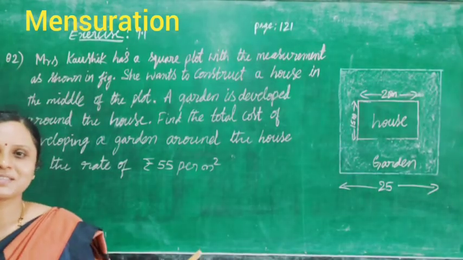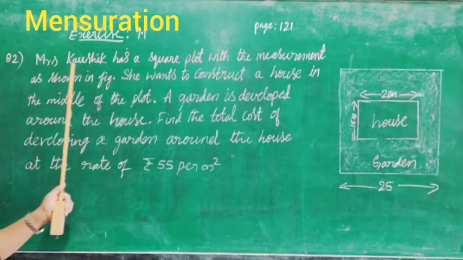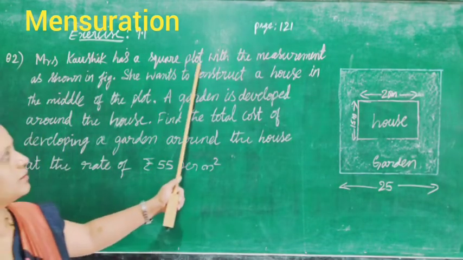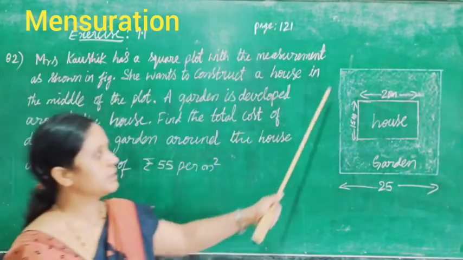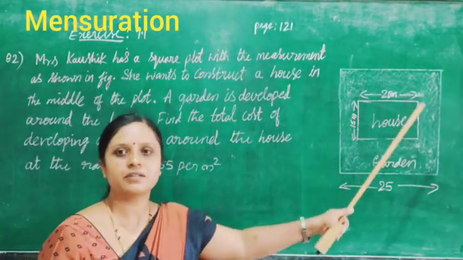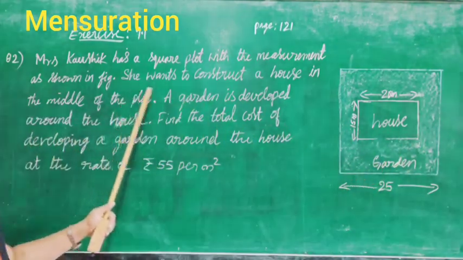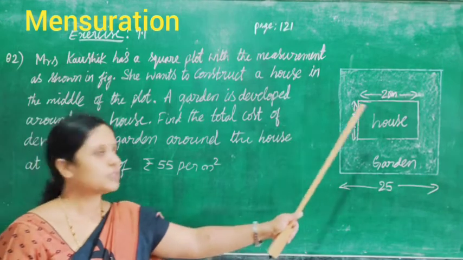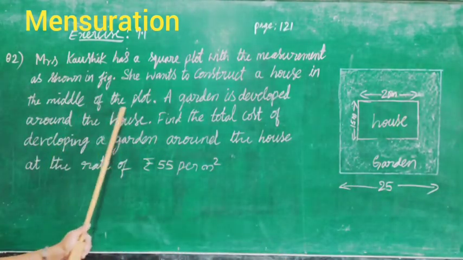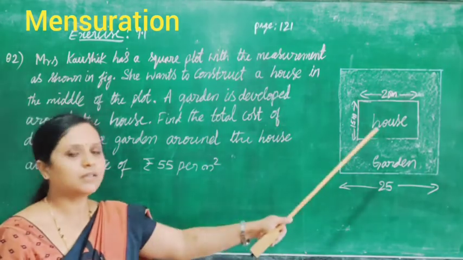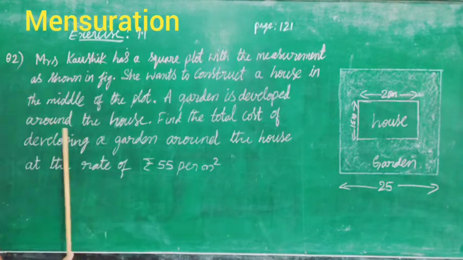Students, now coming to the second question from exercise 9.1, that is Mrs. Kaushik has a square flat with the measurement as shown in the figure. It is in square shape. She wants to construct a house in the middle of the flat. A garden is developed around the house.